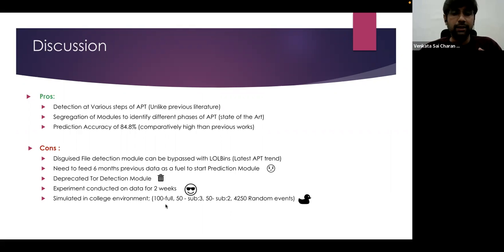They have gathered some 100 full APT scenarios and 50 sub level 3 and 50 sub level 2 scenarios, and they have taken random events. So although the intuition is very good, this can be considered a toy example in real time scenarios. So that is about this MLAPT architecture and MLAPT detection mechanism for APT detection.